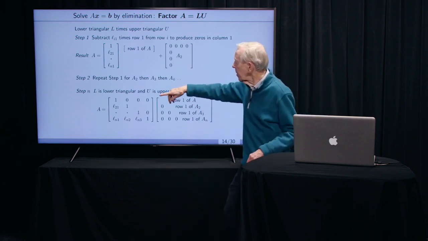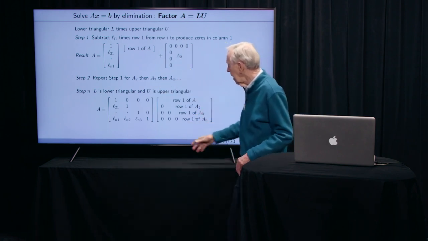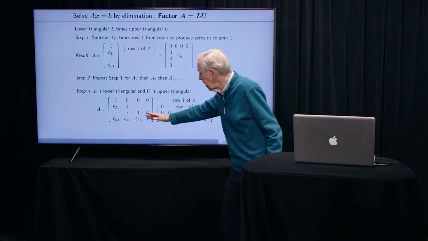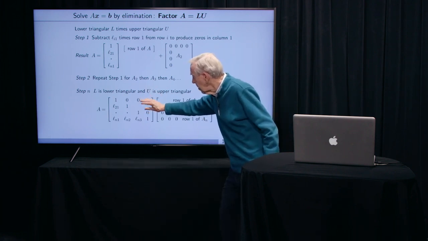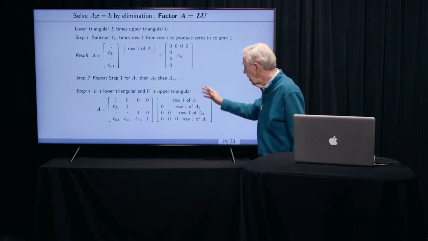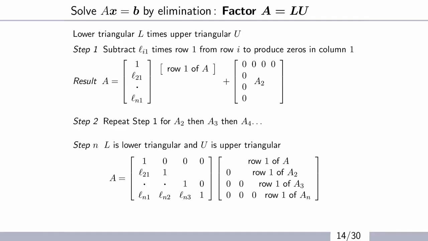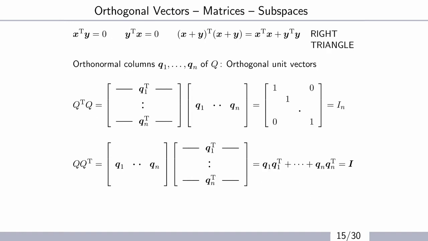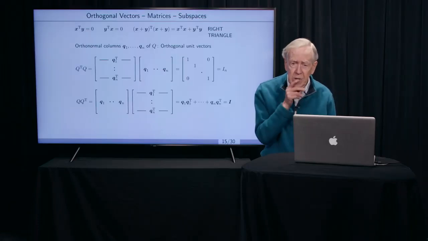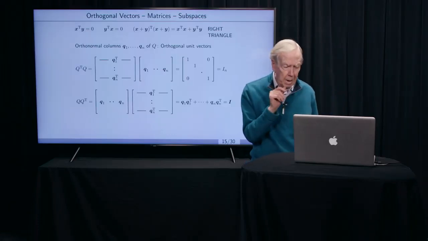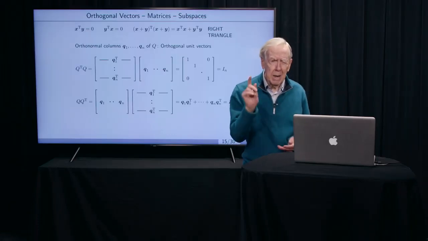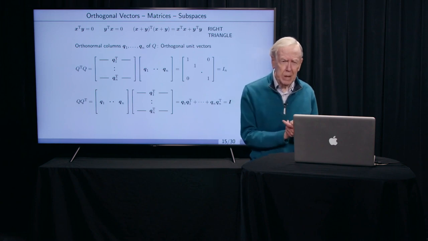So let me see. Here we see them. The L matrix is all zeros above. The U matrix is all zeros below, and that's what is really happening. So that's what the computer system totally focuses on. Okay, that's the first slide of a new part, so I'll stop here and come back to orthogonal vectors. Good.